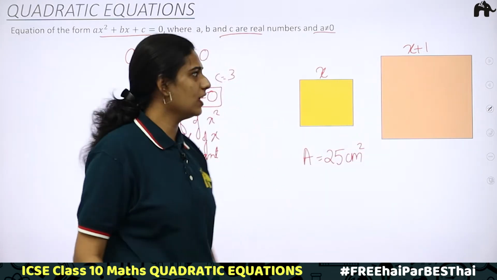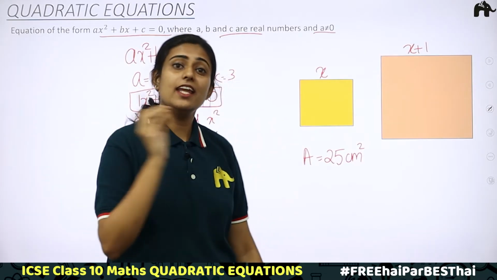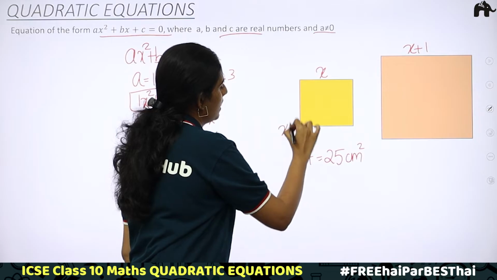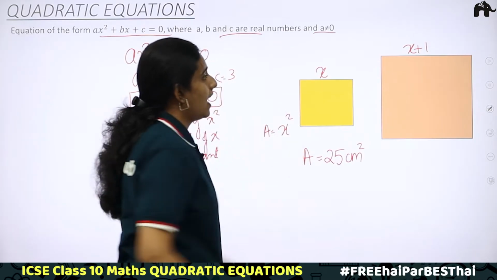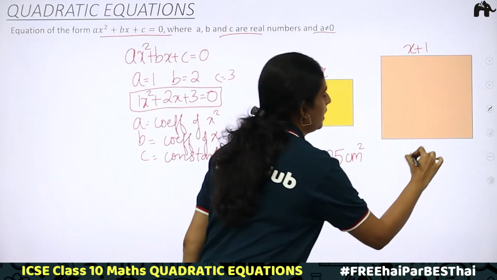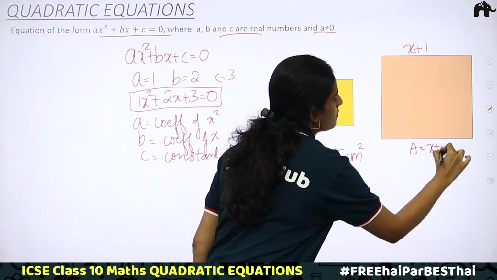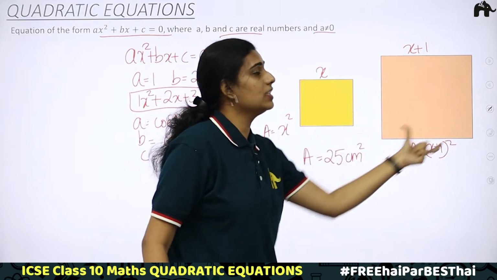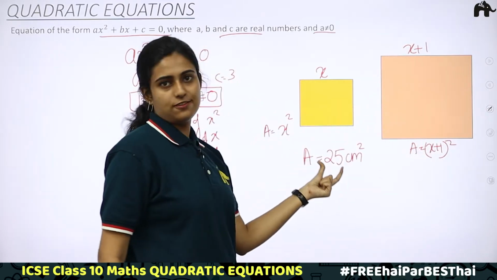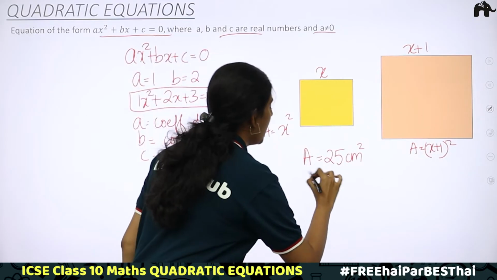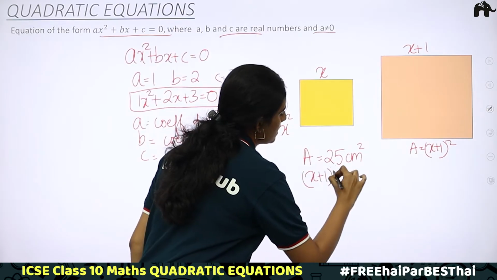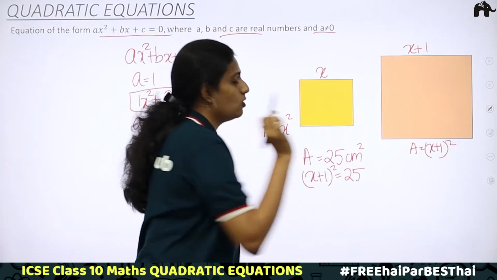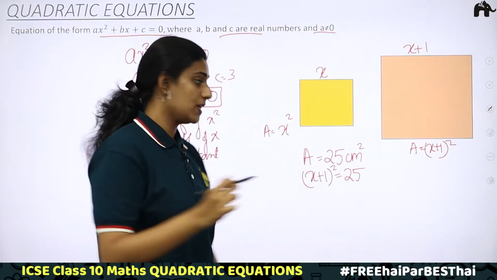I need to find what the side x of this square and the side x plus 1 of this square is. What is the area of a square? Area of a square is side into side. In this case, the area will be x square. And in this case, the area will be equal to x plus 1 whole square. I know the area of this big square is 25 centimeter square, which means x plus 1 whole square is equal to 25. a plus b whole square is equal to a square plus 2ab plus b square.